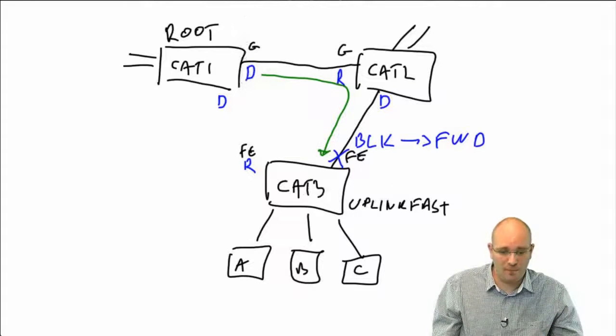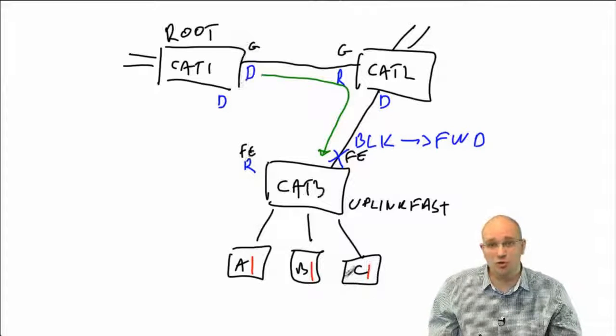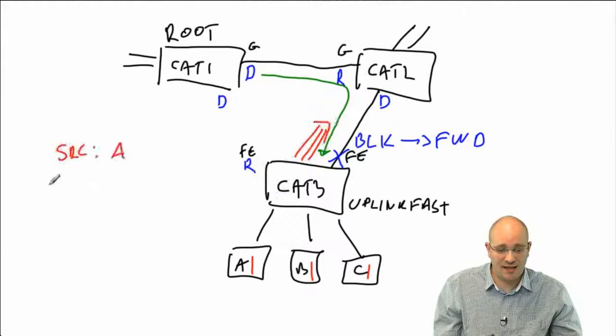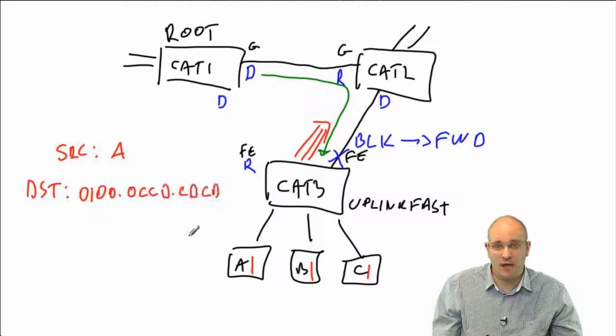Furthermore, Cat3 is going to consult its CAM table about hosts A, B, and C, and it's going to start generating traffic sent towards Cat2 with the source MAC address of, let's say, host A, and the destination MAC address of a special multicast address, which is 0100-0CCD-CDCD.